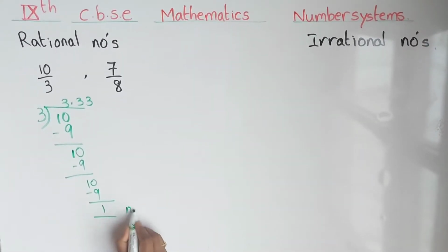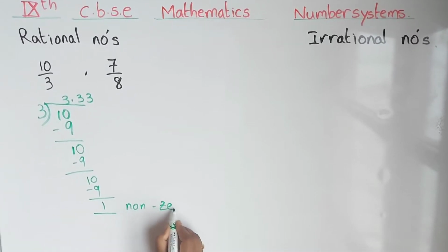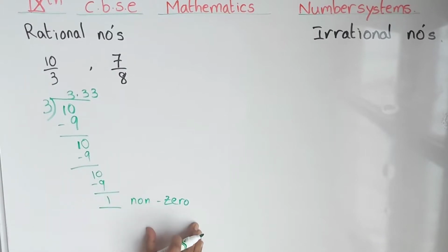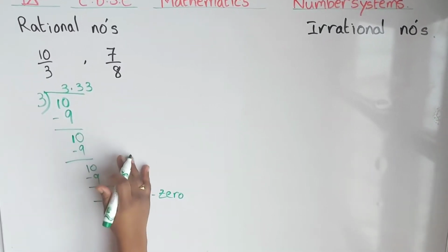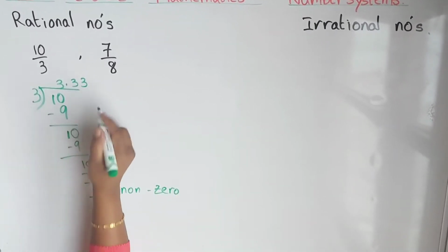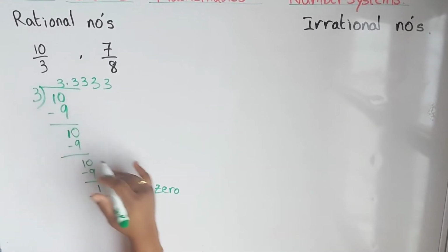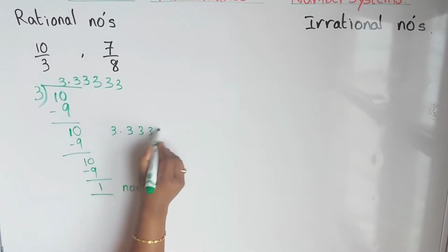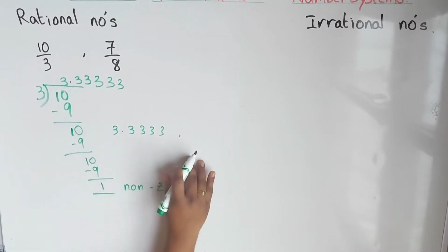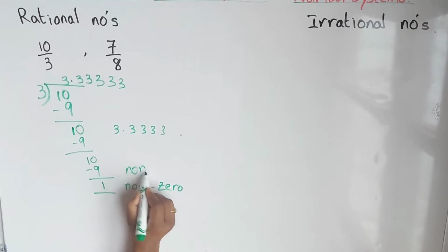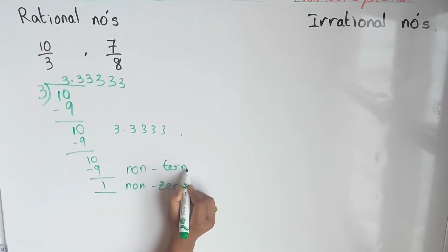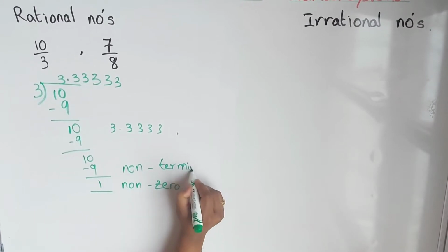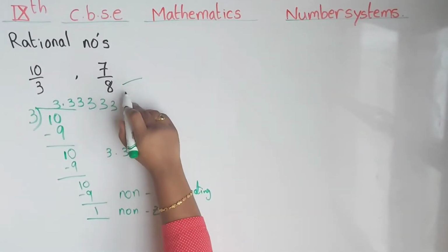It is a non-zero remainder. That means the same process keeps on continuing. We call this non-terminating. Terminating means it is finished. It is non-terminating. If you do the same calculation for more steps, it will continue 3.3333 and so on, right? So it is a non-terminating process, and the remainder is non-zero.